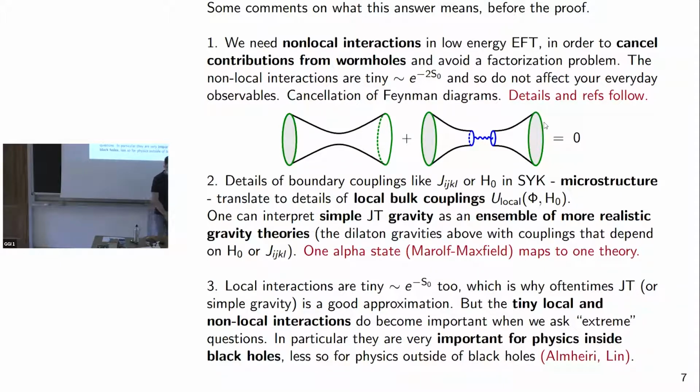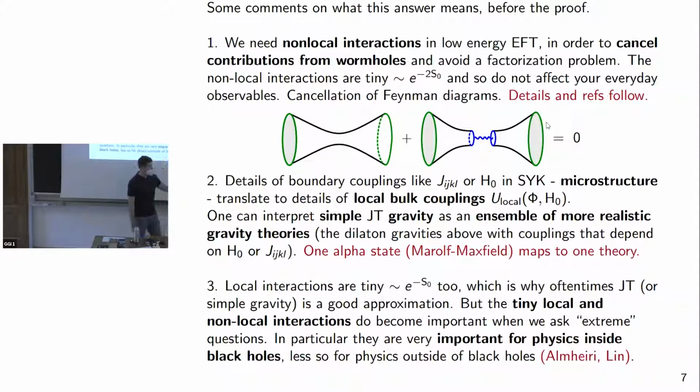Maybe you don't want to avoid that problem, but if you do, then I think this is what you need to do. The non-local interactions are tiny, and so they won't really affect your everyday observables. If I do an experiment here, I won't see effects of this stuff, of course.